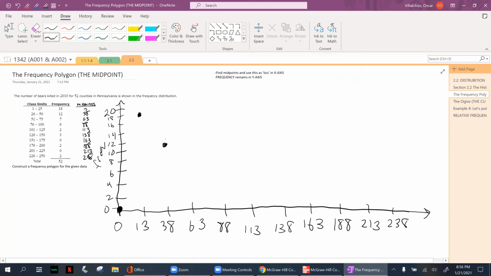At 63, I had 7. And so forth. At 88, I had 6. At 113, I had 2, and so on. And it's going to give me these points. And if you notice, the heights are the same heights as your histogram.